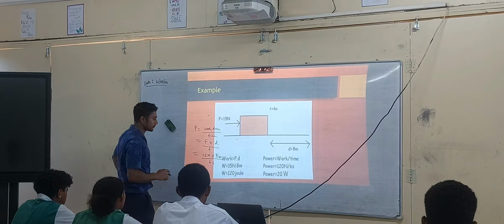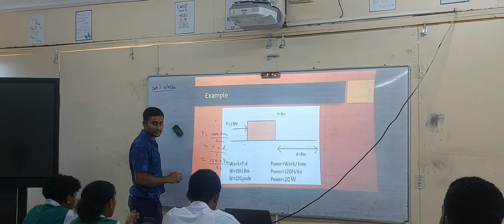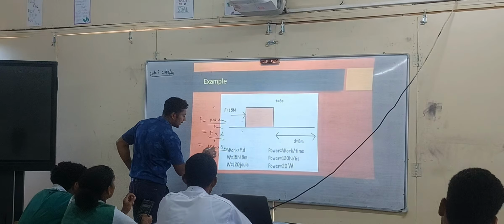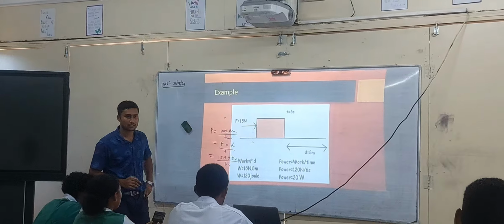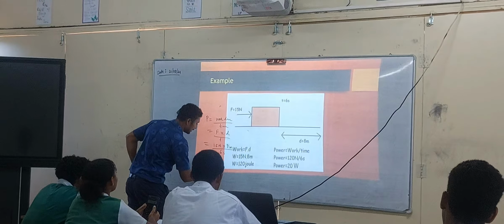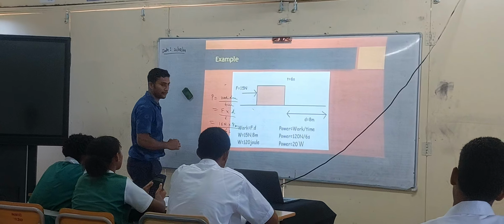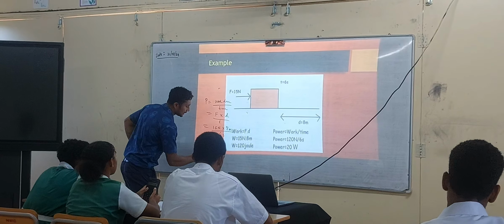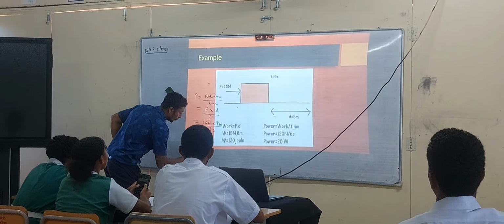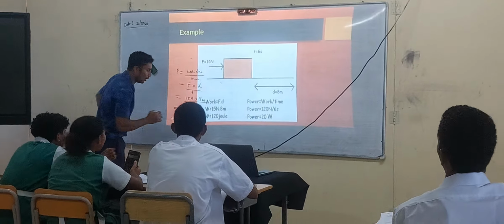Not meters per second, it's not speed. 15 times 8 is 120. That will be Newton meters. Divided by 6 is 20. So your unit can be 20 Newton meters per second, or watts.